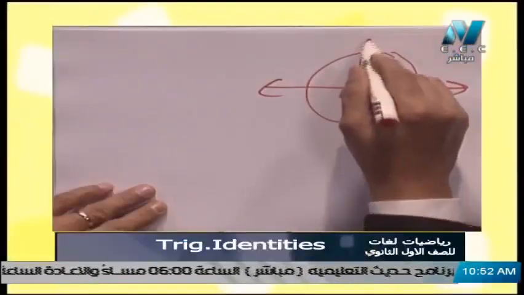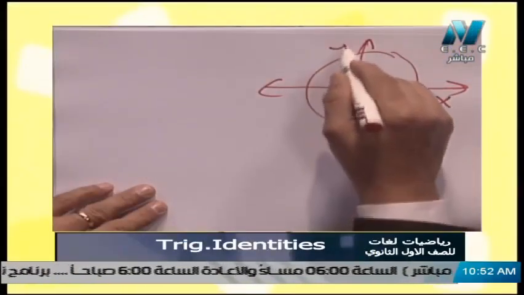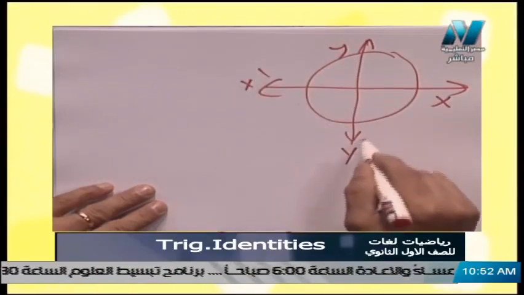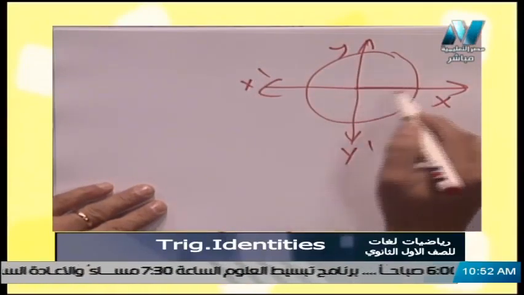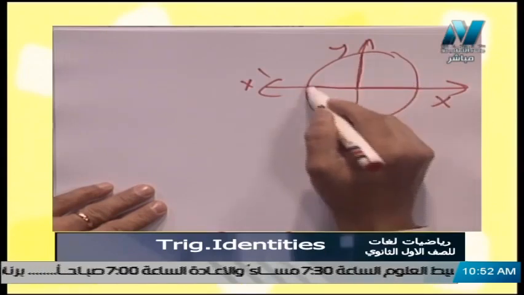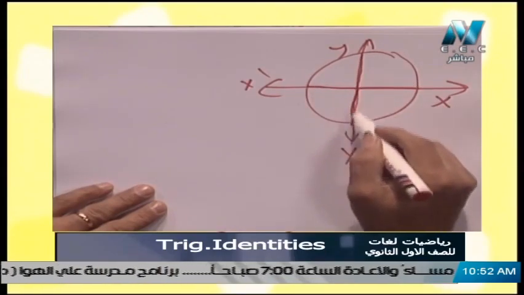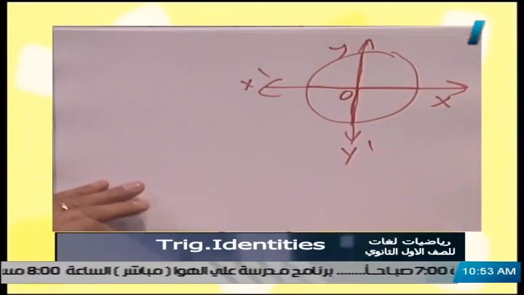Let's move to some other identities here. We know from the first term that if we have the unit circle like that, this is the x-axis and y-axis, and the length of this radius equals 1, because it's of course a unit circle, and this is the origin point.